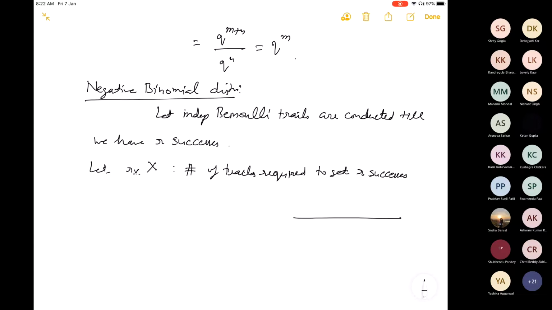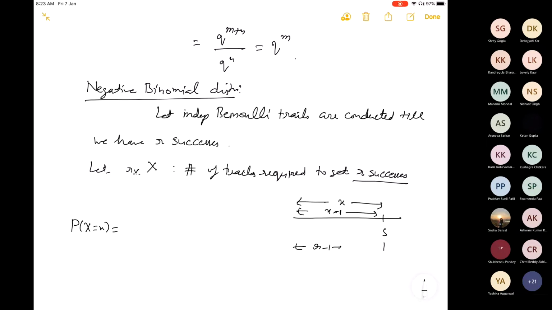So what is the probability mass function here? Probability X is equal to x. The last one is a success, and before that, the remaining are x minus 1. Total we should have r successes, and the last one is a success, so before that r minus 1 successes should be there out of x minus 1 trials.